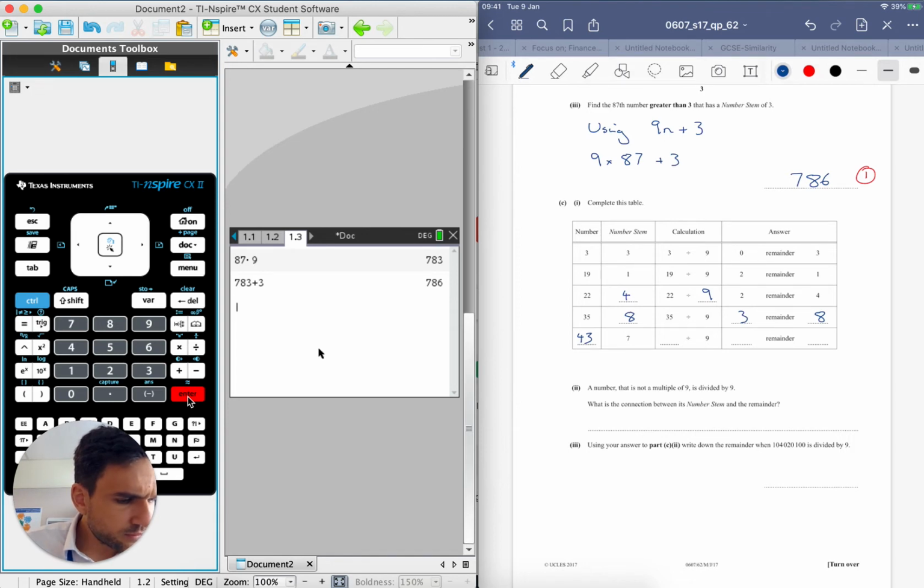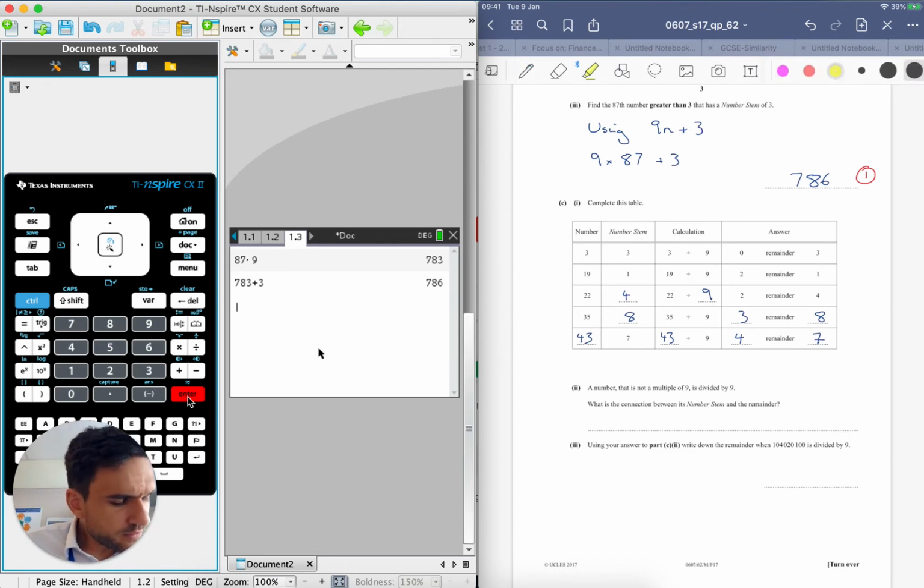So 43 divided by 9, there's going to be 4 here. And I'm not convinced that I've done the right thing here, but let's just stick with it. 27, 36 would be 4 remainder 7. Okay.